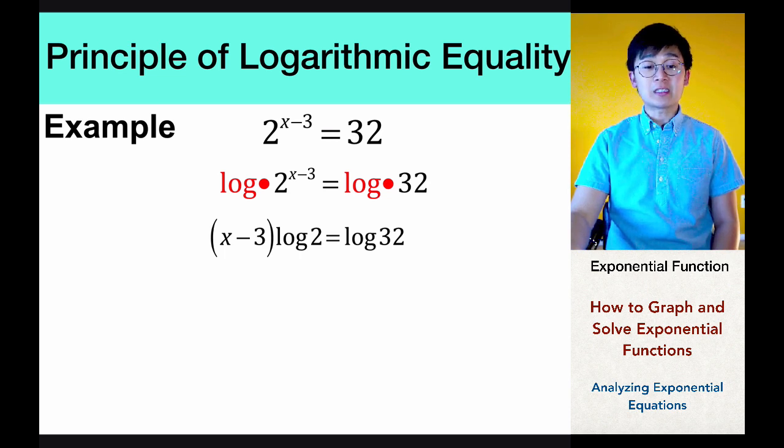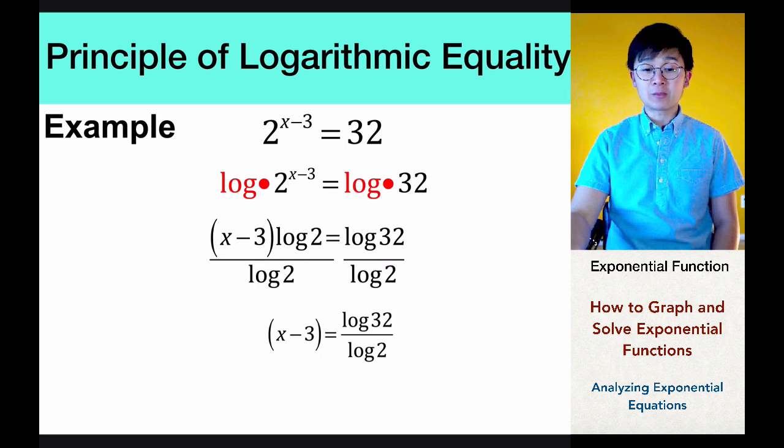So, since sinusolve natin si x at yung x minus 3 at log of 2 ay factors ng isa't isa, pwede natin siyang i-divide ng log of 2 yung both sides para makancel natin si log of 2 dun sa ating function. So, ang matitira na lang sa atin is x minus 3 equal to log of 32 all over log of 2. Now, in this particular case, hindi mo kakancelin yung log, but you will use a calculator para ma-evaluate yung value ng log of 32 at log of 2.